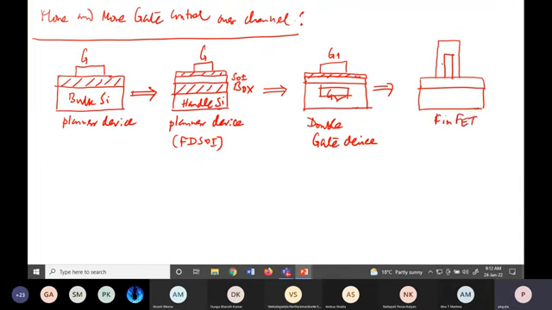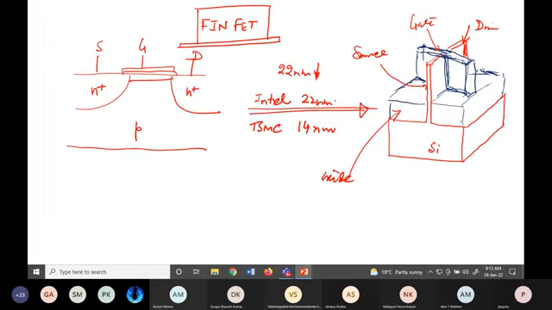Effectively in FinFET there can be two gate structures. This is my gate 1, this is my gate 2, and the top portion is usually thick. So this is my silicon fin that I have drawn at the beginning, right? What I am basically looking at is the cross section along this plane, so I will see the fin and the gate.